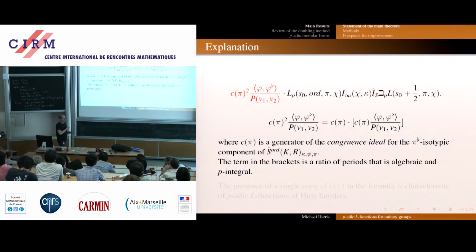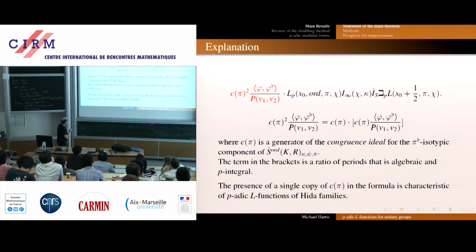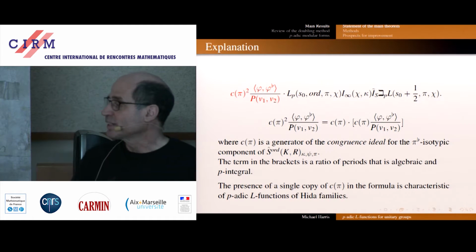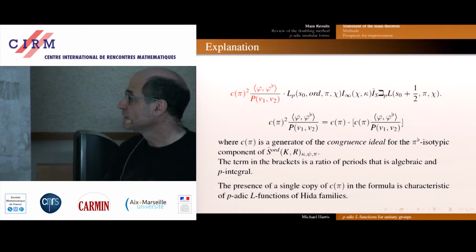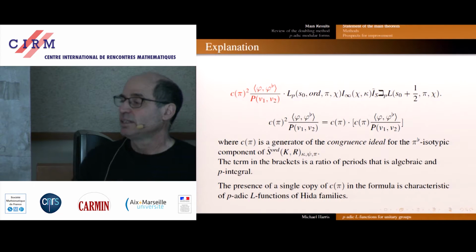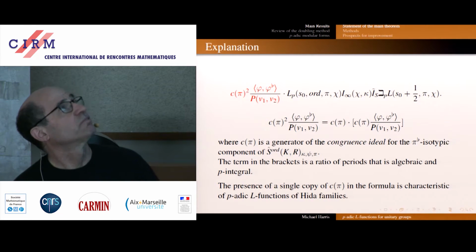You can normalize the congruence ideal only up to a p-adic unit. Unless somebody tells me otherwise, I think that's the situation. Okay. The fact that there should be one copy of the congruence ideal in the formula is something that shows up in general in p-adic L functions of Hida families.